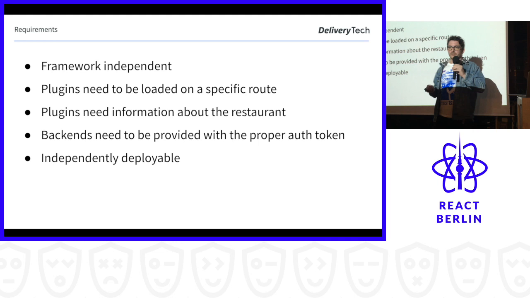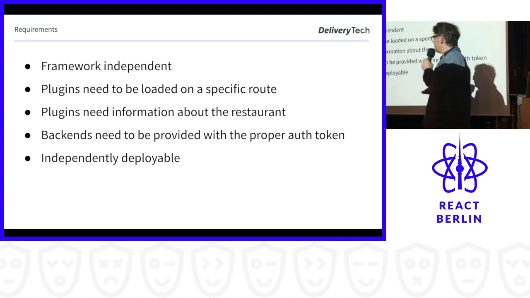The backends are independent of this plugin system, so there may be existing backends that need to be called, and that's why we need to give these backends a way to authorize and authenticate the users, so they can't do anything on things they are not allowed to.